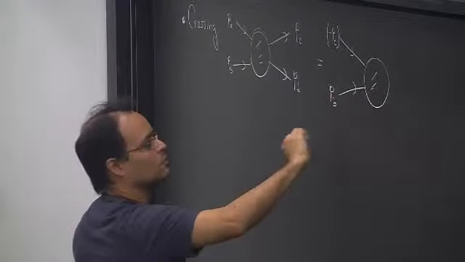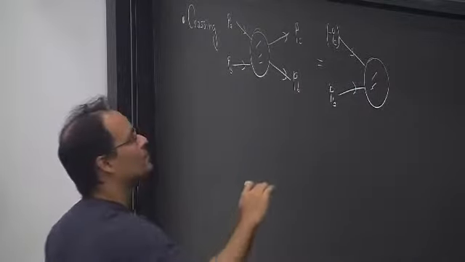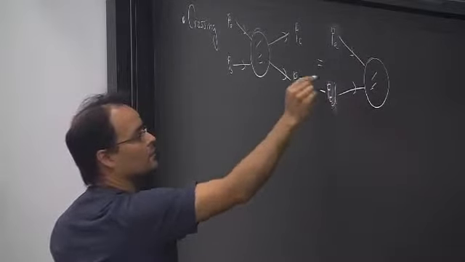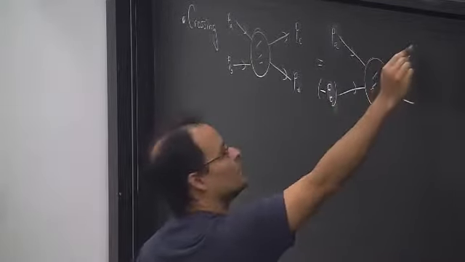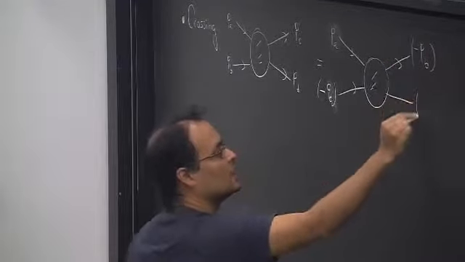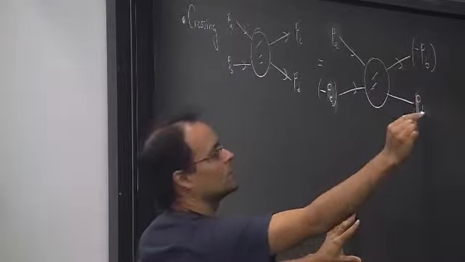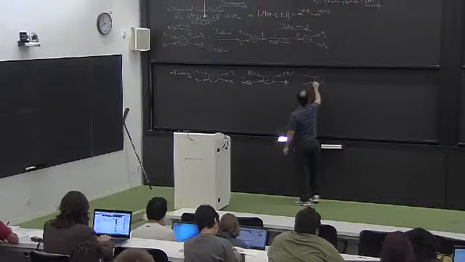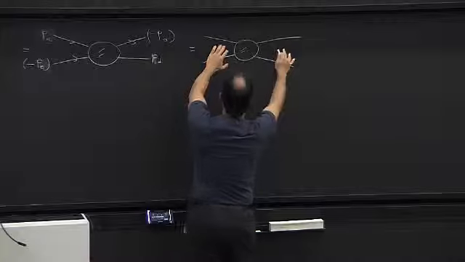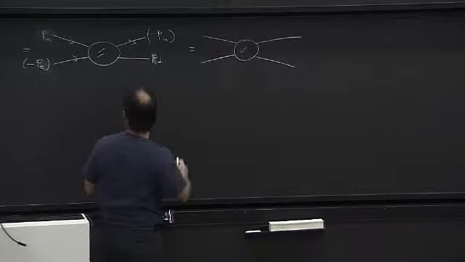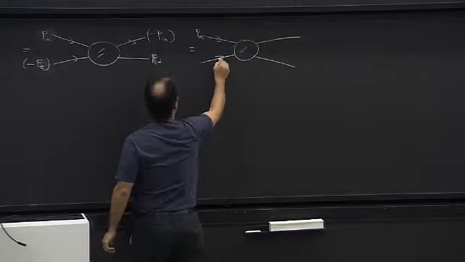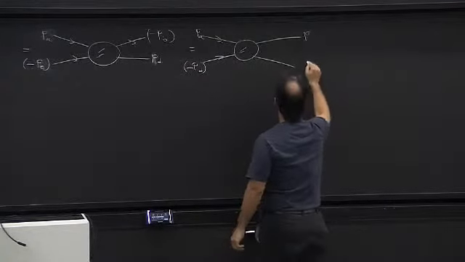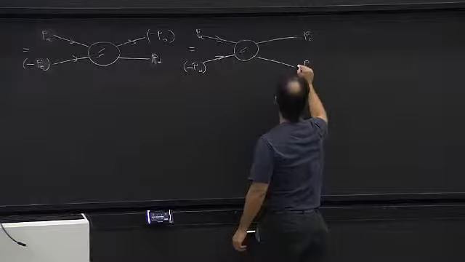Actually, let me leave here PA and bring here minus C and put here minus B. And here, let me keep PD. It would also be equal to the same rational function obtained by computing this process and then evaluating on the following momenta, PA, minus PD, PC, minus PB.